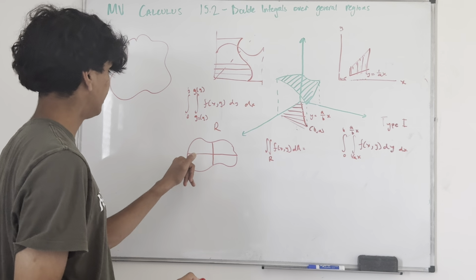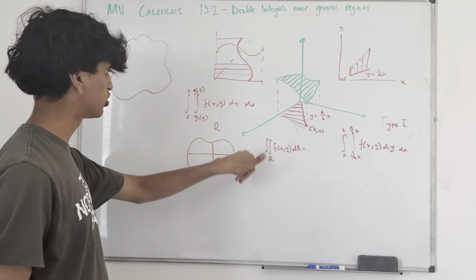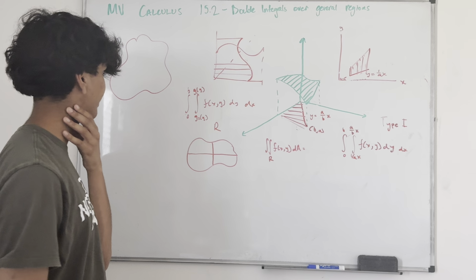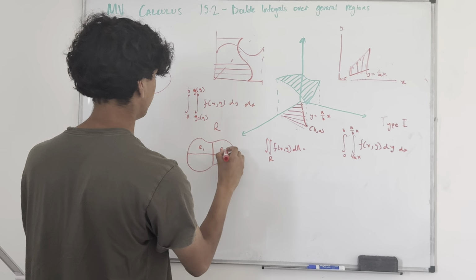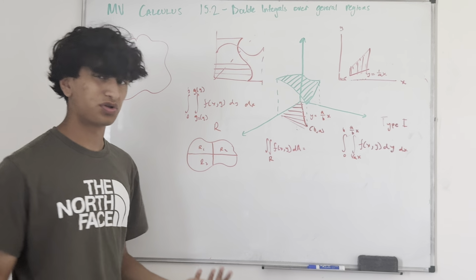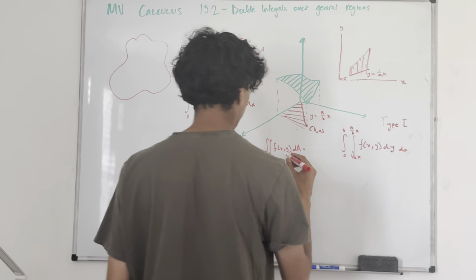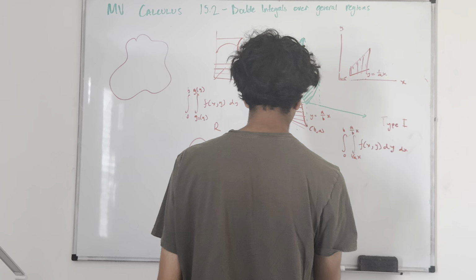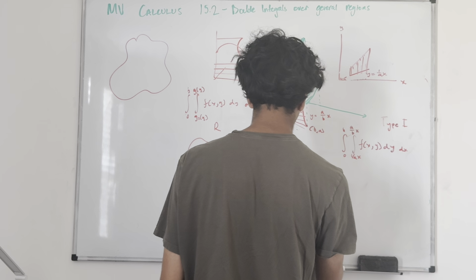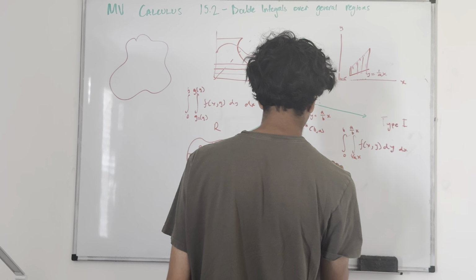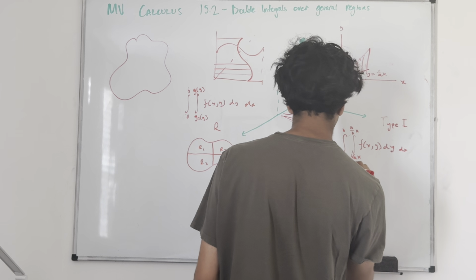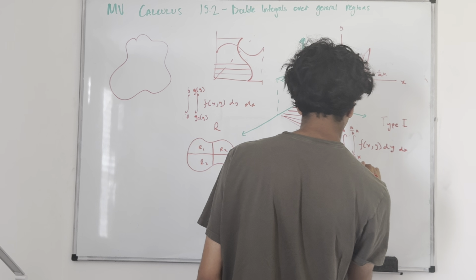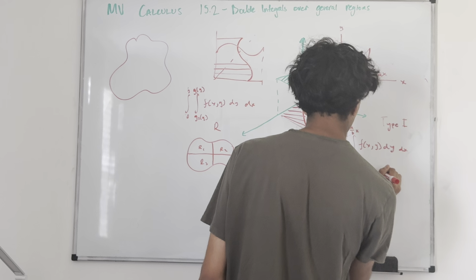If each of these can be considered functions, because they all pass the vertical line test, then you can split this up into R1, R2, R3, which I don't think you really have to do. You won't come across problems where you really have to do that. But just so you know, you can do the integral over R1 of f of x, y, dA. It's a property, right? Plus the integral over R2 of f of x, y, dA, plus and so on.